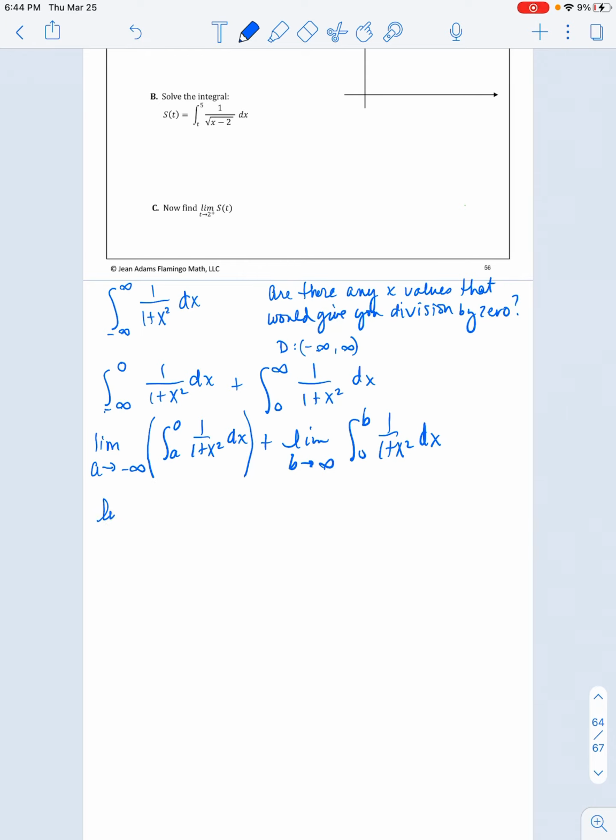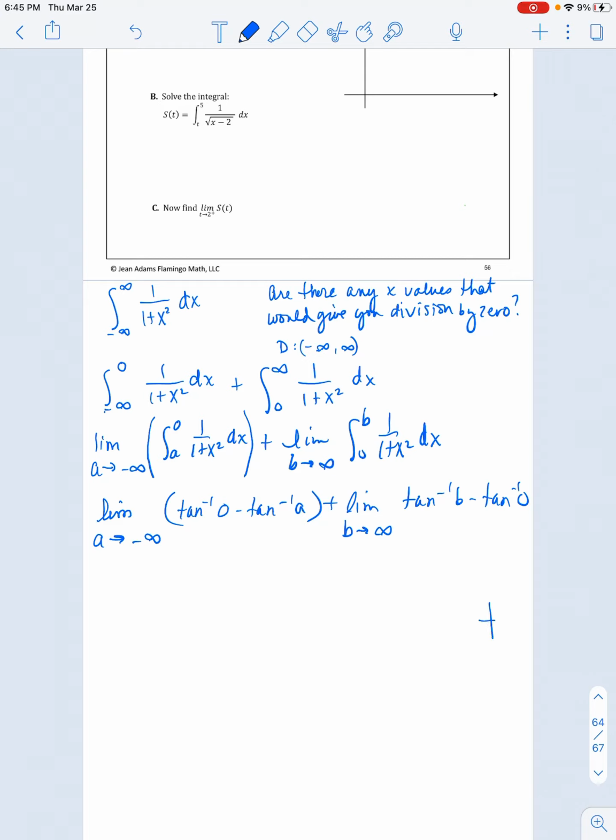And we go ahead and do this integral, and then we'll do our limit last, like we've been doing. So this is inverse tangent. So this is going to become inverse tangent of 0 minus inverse tangent of a, using that fundamental theorem of calculus. Limit as b goes to infinity. This is going to be inverse tangent of b minus inverse tangent of 0.